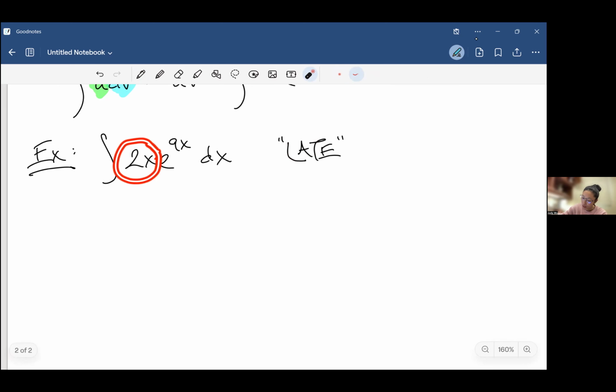I do see a 2x, and so my u is going to be my 2x, because I have an algebraic term here. That means my dv is going to be the rest of it, e to the 9x dx. You have to make sure you write that dx. If you don't write the dx, it's not fully correct.